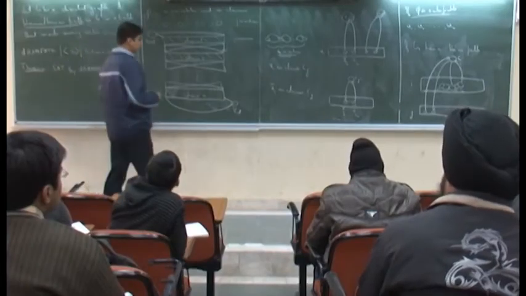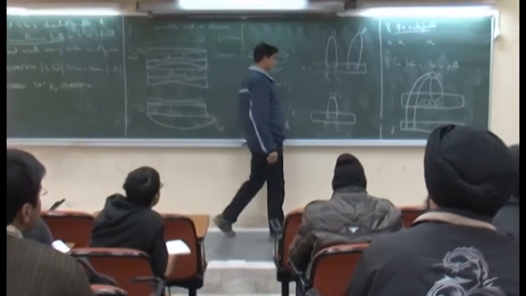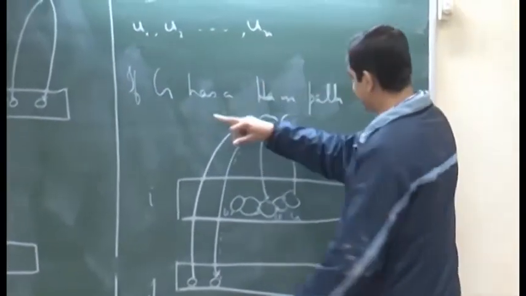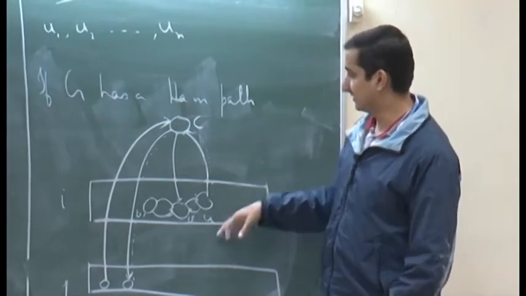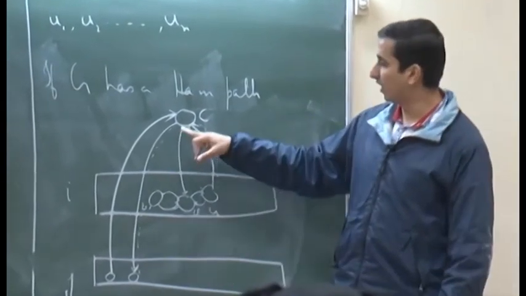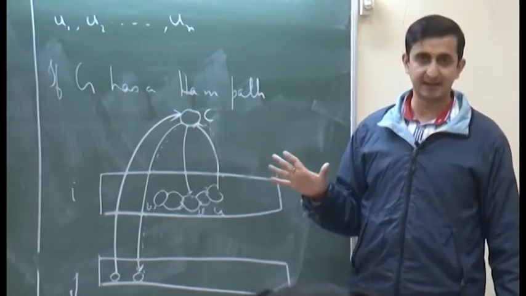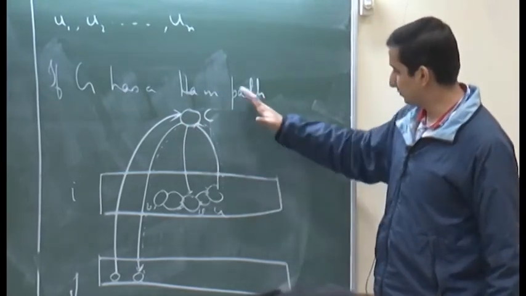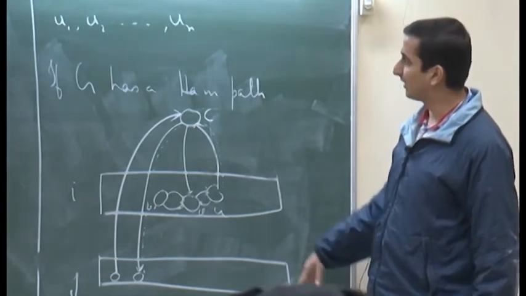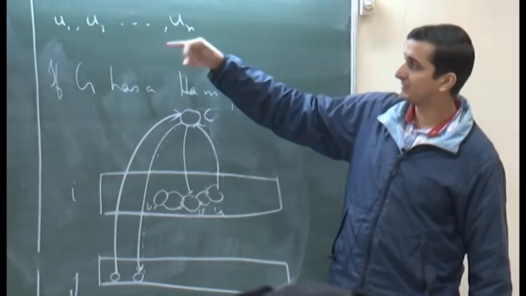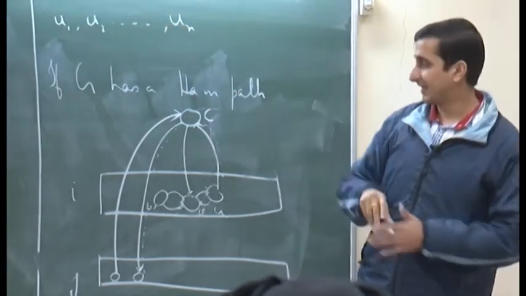Well, we will not do that. So, I did not complete the entire proof. Suppose there is a Hamiltonian path. Of course, since it is a Hamiltonian path, it should not visit C again. By definition, it should visit every vertex exactly once. So, given a Hamiltonian path, I will define a satisfying assignment for phi as follows.